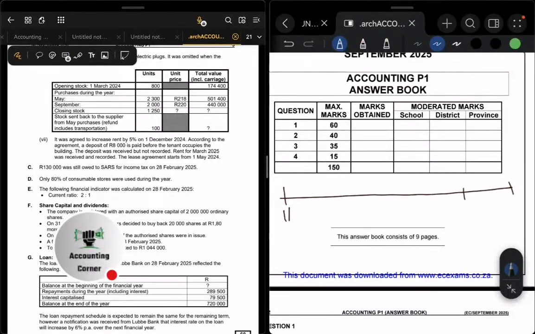Our year starts on the 1st of March 2024 and ends on the 28th of February 2025. We receive rent up until the 31st of March 2025. There was a rent increase on the 1st of December 2024. The lease started on the 1st of May. Yes, 1st of May 2024.